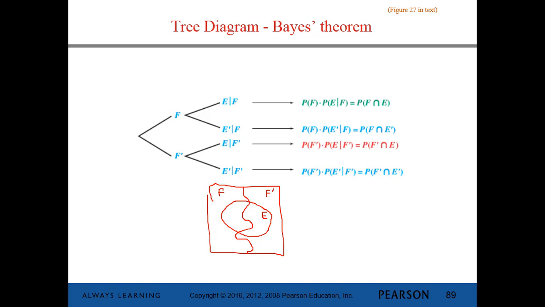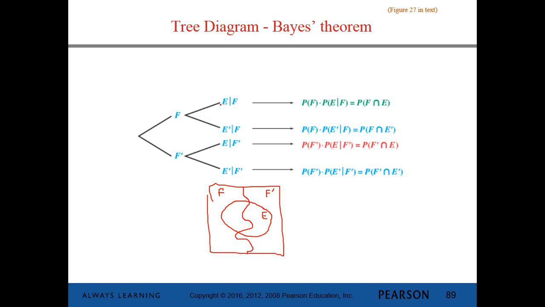So think about it. If I want the probability of E, well, if I have this tree diagram, I have the probability of F and the probability of not F, either side.